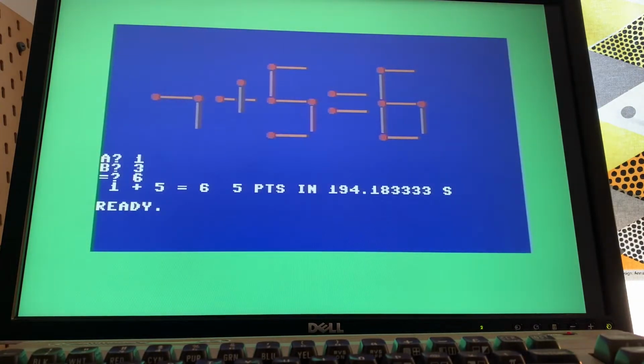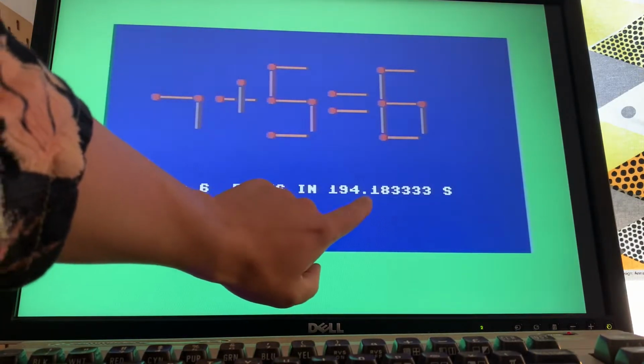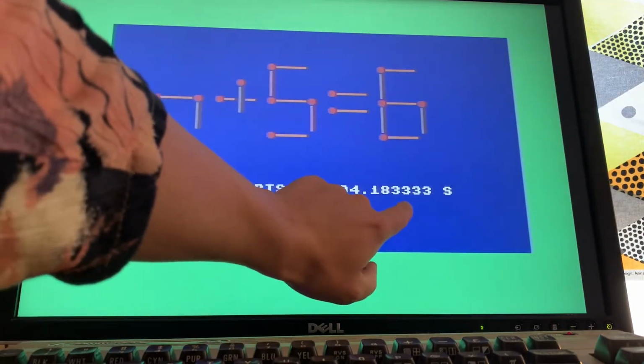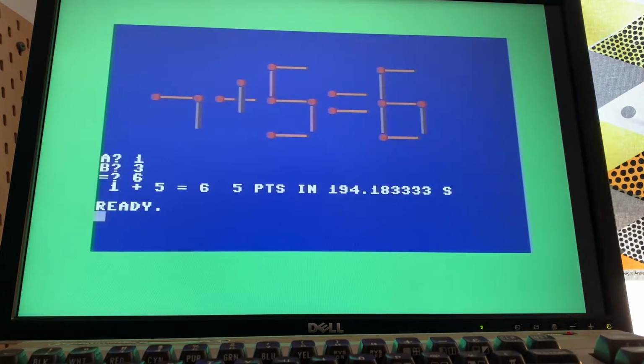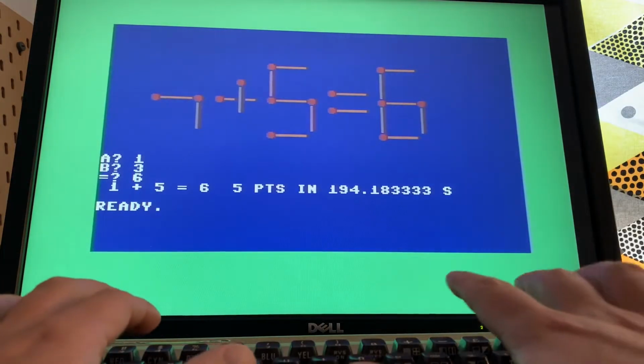Okay, this was incorrect, and then I got the correct answer. So I got 5 points, and then the extra thing I added is that you are also having the total time. So you can try to go for a record. Okay, so let's move to the code, and I'm going to show you a few challenges I did there.